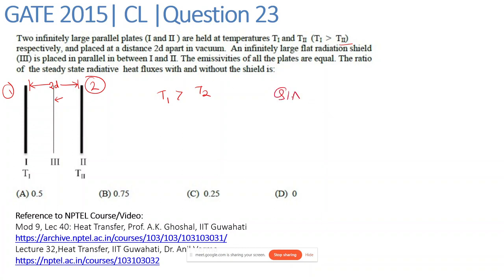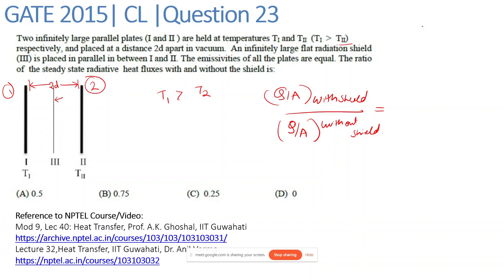That is Q upon A, my heat flux. So the ratio of Q upon A with shield upon Q upon A without shield, we have to find this ratio. There is a straightaway formula for this case.